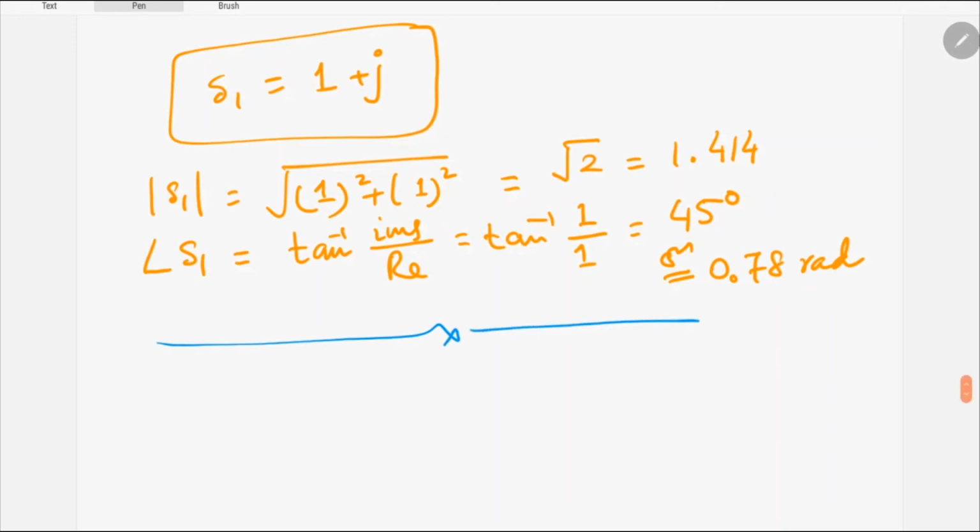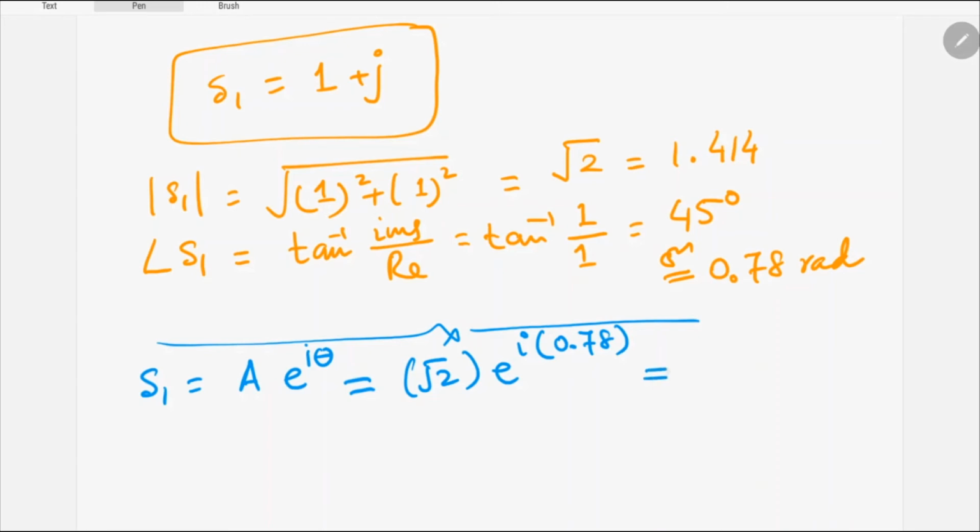Now if we put the same values in here, you will be getting the same complex number. Let's say we have root 2 e^(i0.78), and this accepts radians, so this is 0.78, and when you solve it, you'll see that it is equal to 1 plus j.